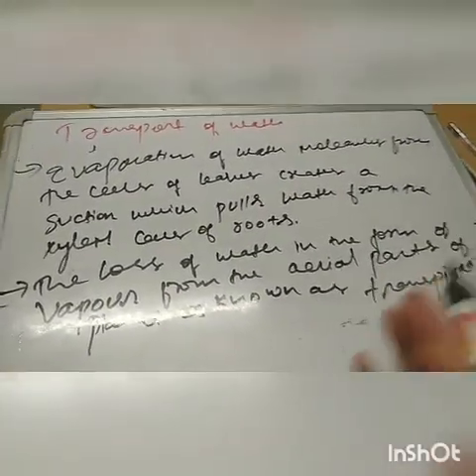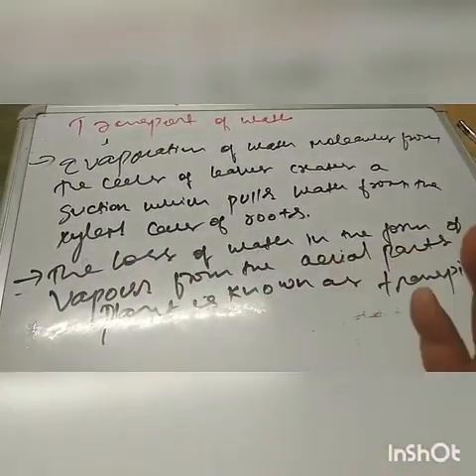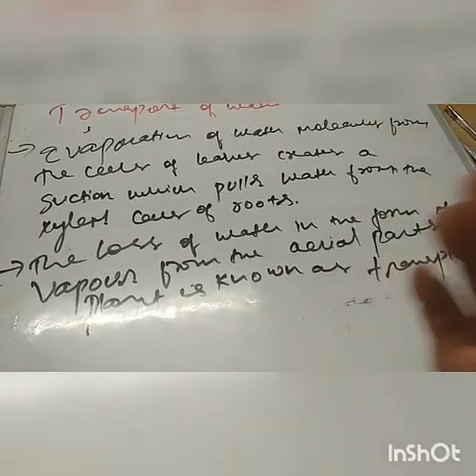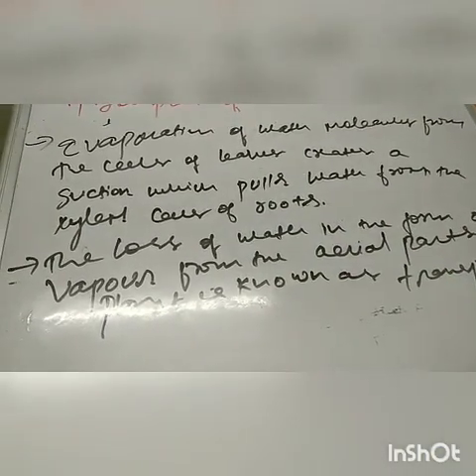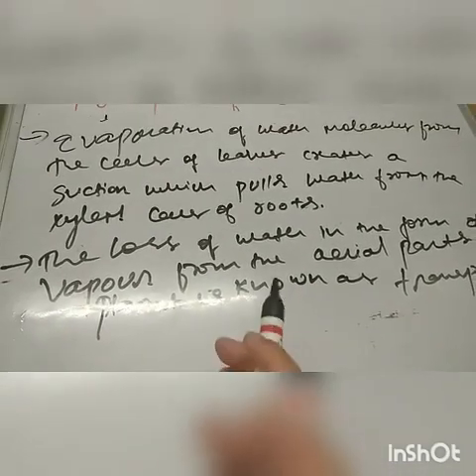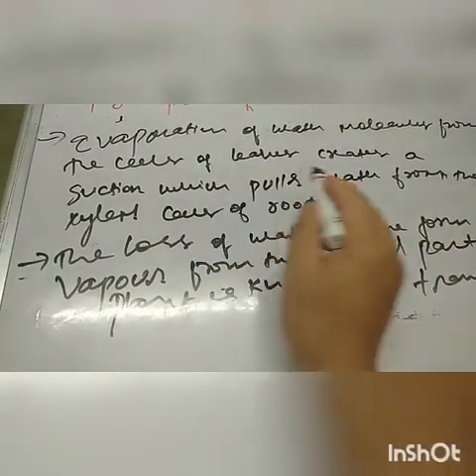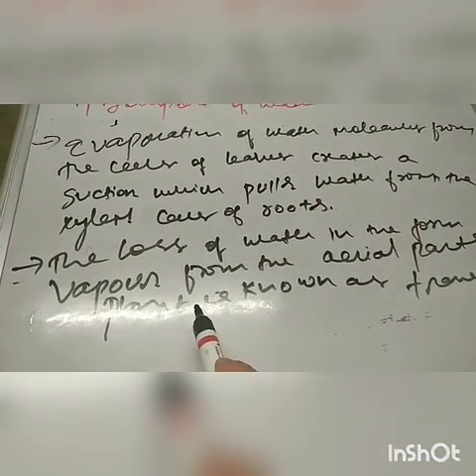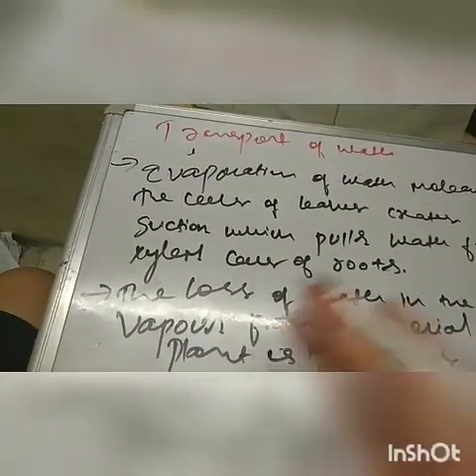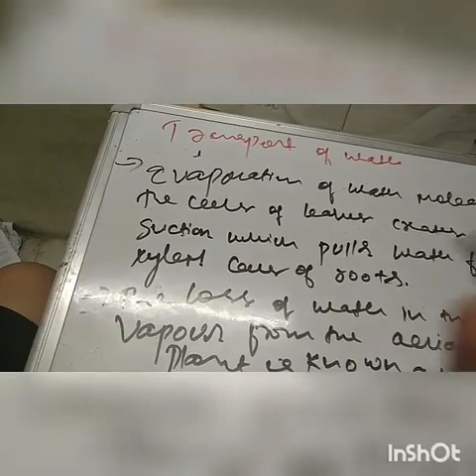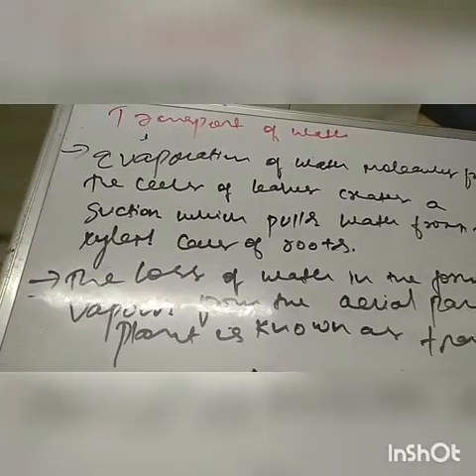Evaporation of water molecules from the cells of leaves creates a suction which pulls water from the xylem cells of roots. Meaning during evaporation, there is a pulling of water from the xylem cells of roots. Alright. Evaporation means that during daytime there is evaporation of water going upward towards the atmosphere.